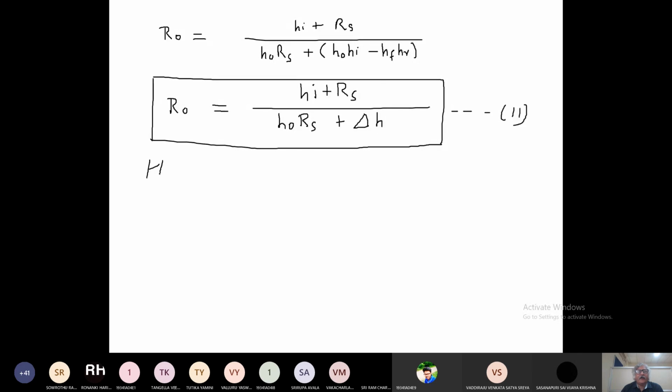And here delta H is equal to H0 HI minus HF HR.